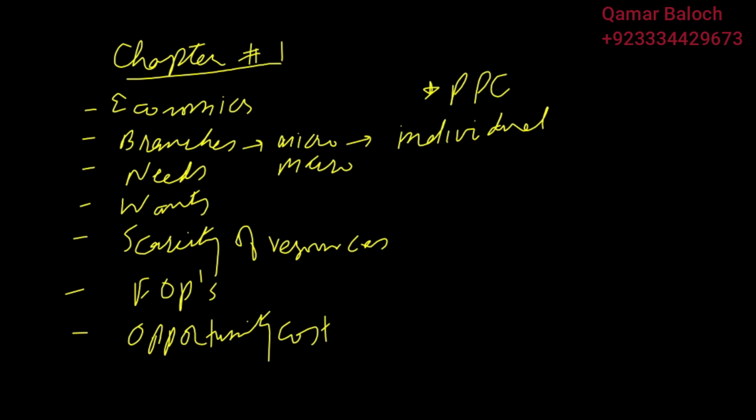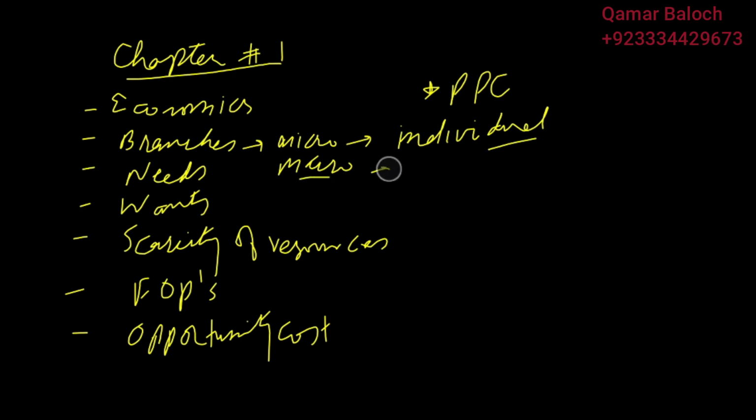For example, demand and supply of individual consumer, price elasticity of demand, opportunity cost, production possibility curve, needs, wants, government intervention at microeconomic level like minimum prices, maximum prices.